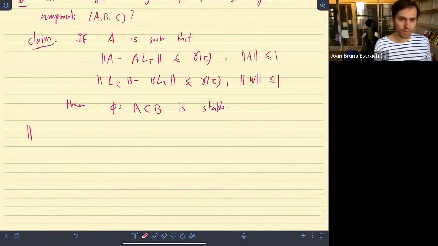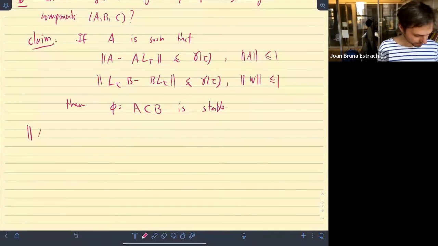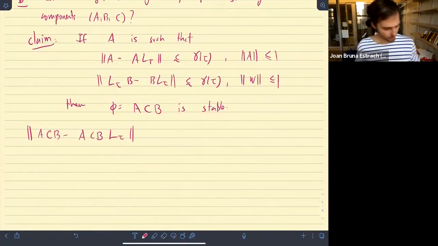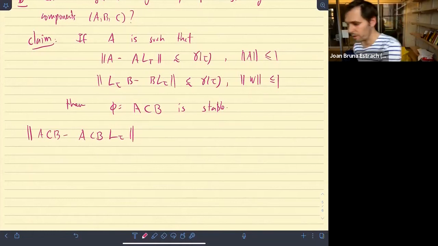We need to compose these three operators. ACB minus ACB delta. We like this thing to be small. Okay. So what do we do first?